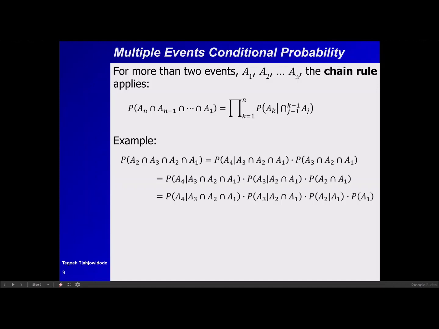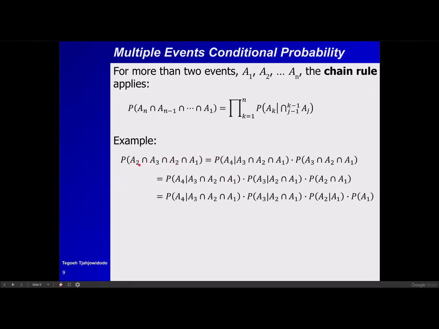Again, the probability of all of these events occurring together will be a multiplication. Let's take an example of a 4 event case. We have A1, A2, A3, and A4.